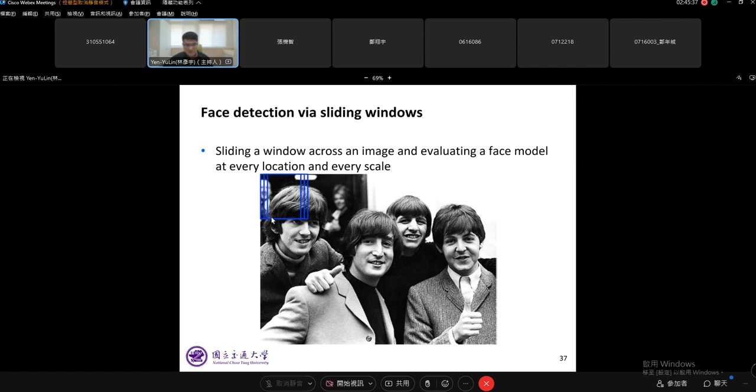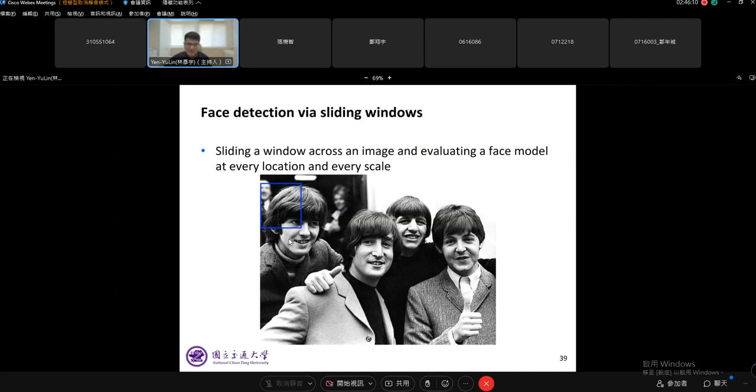Similarly, we can ask the binary classifier to check if the third window is face or non-face. So we can slide this window from left to right. Also, we move down the window and scan the second row. So if we scan every location, we can detect faces of this scale.